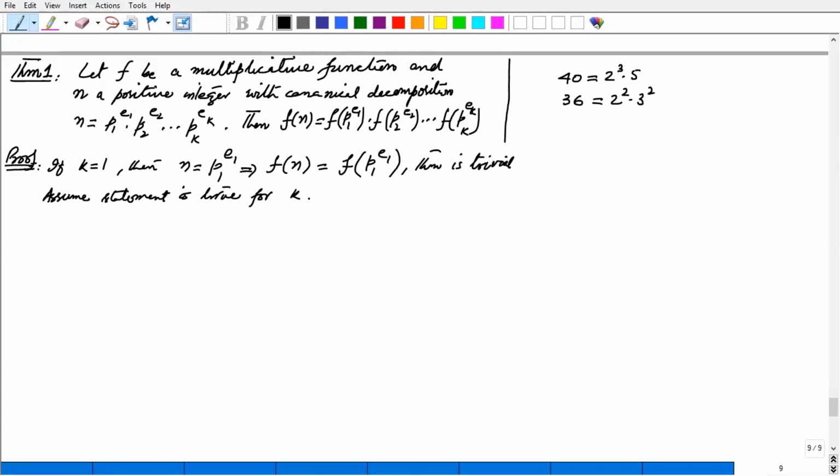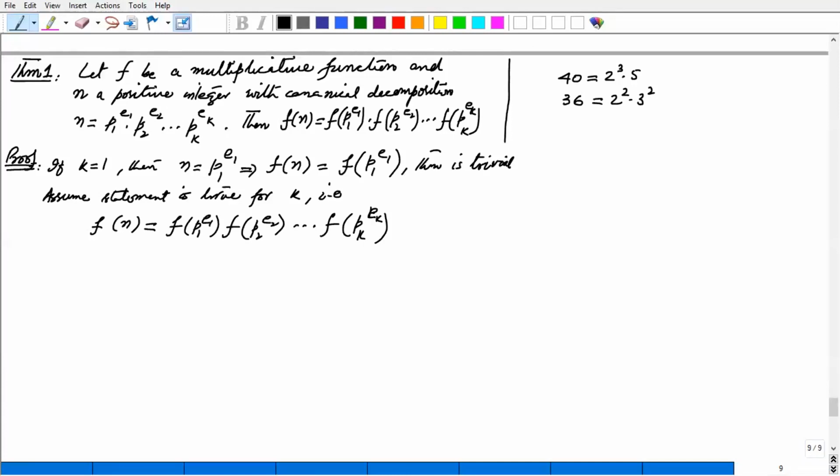That is, f of n equals f of p1 to the power e1 times f of p2 to the power e2 till f of pk to the power ek. And we have assumed that this statement is true for k. Now we have to show that this statement is also true for k plus 1.